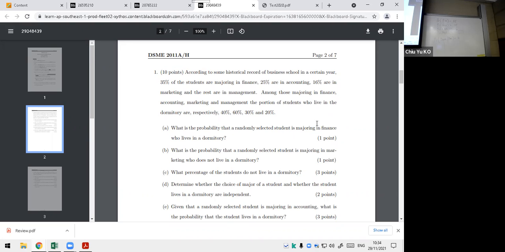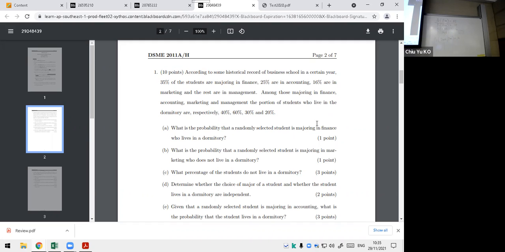We will use the probability rule called the multiplication rule. It's very simple: you just multiply this one and this one.